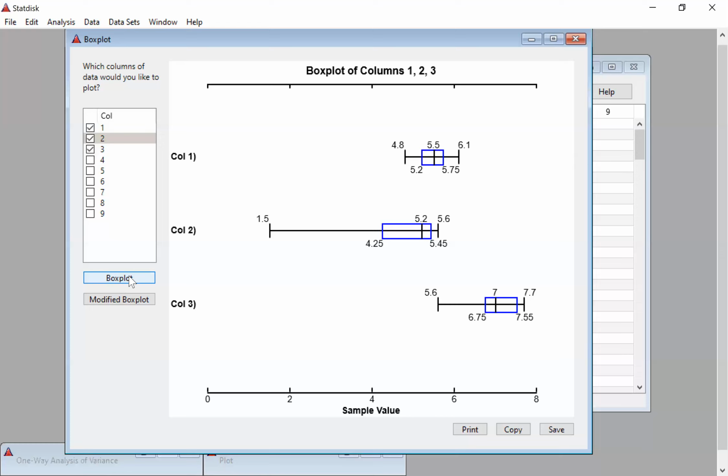And that brings us to column 3, which is the Texas data. The box for column 3 does not overlap with either of the other boxes. So we can say here that our mean for our Texas rice is going to be higher than that of the other two.